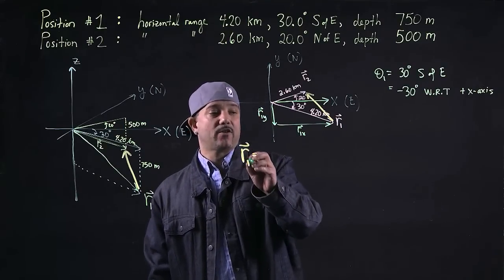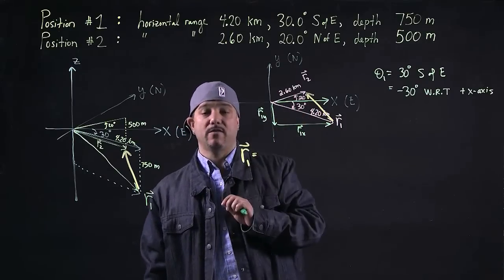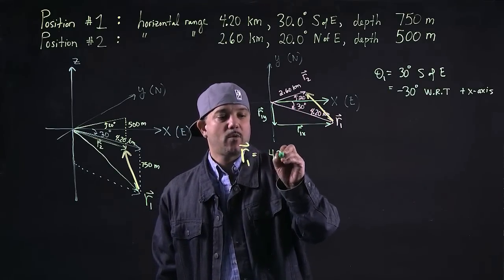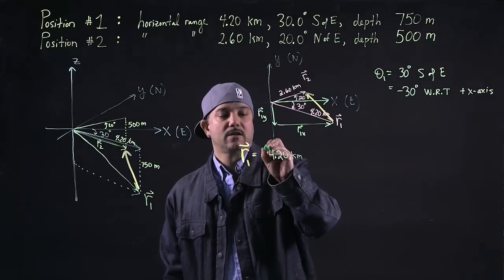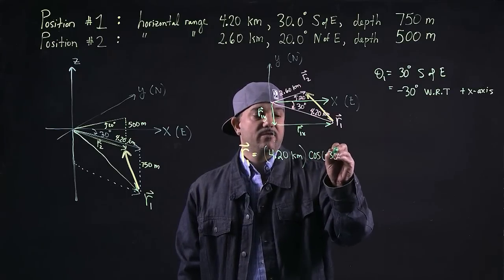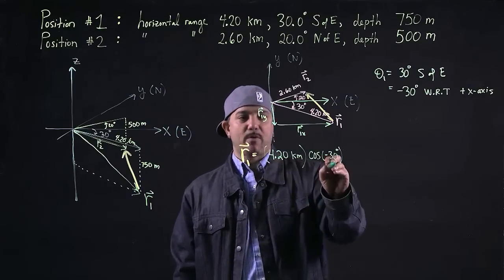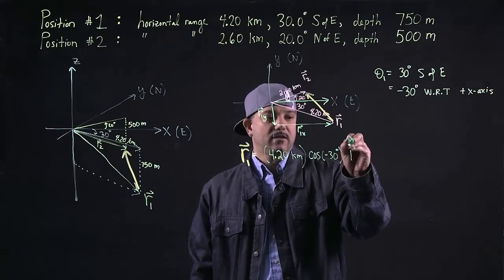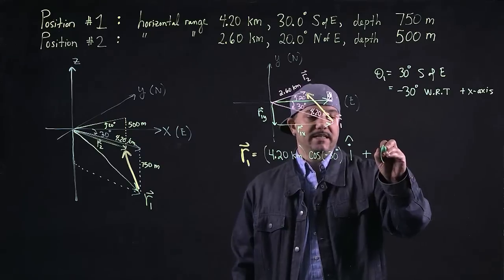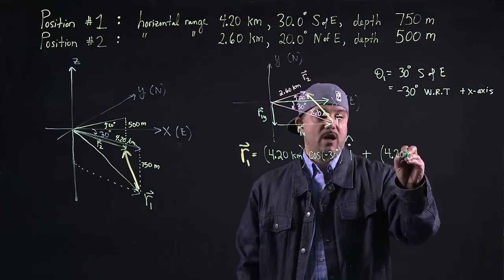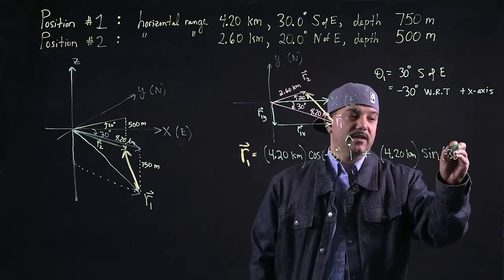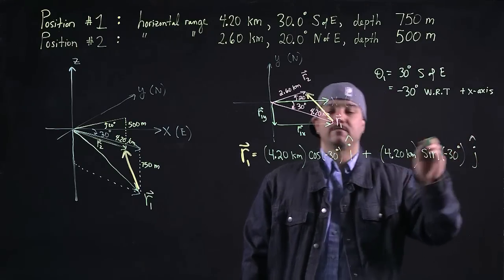So I can write vector r1, or at least the horizontal part of vector r1, as the distance 4.20 kilometers times cosine of negative 30 degrees. And so this is the x part of that vector, plus the y part of that vector, which is the distance, 4.20 kilometers, sine of negative 30 degrees, j hat.